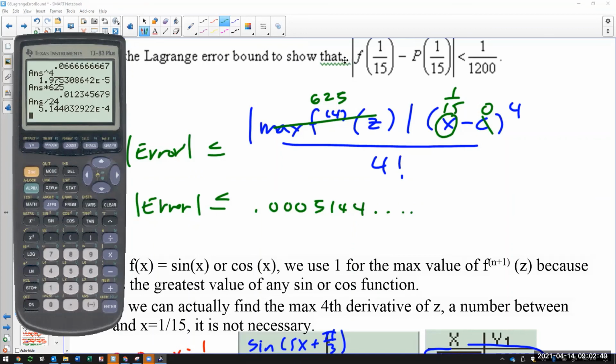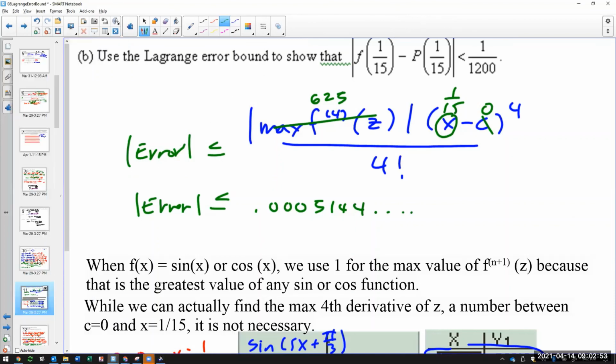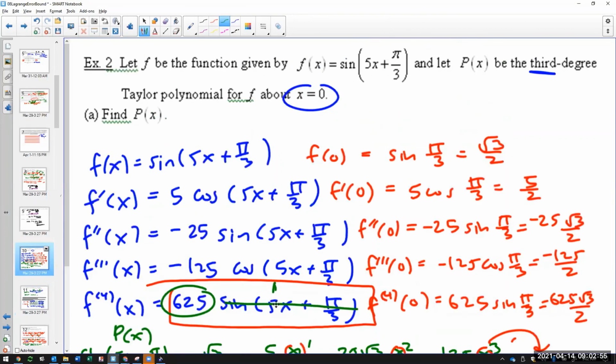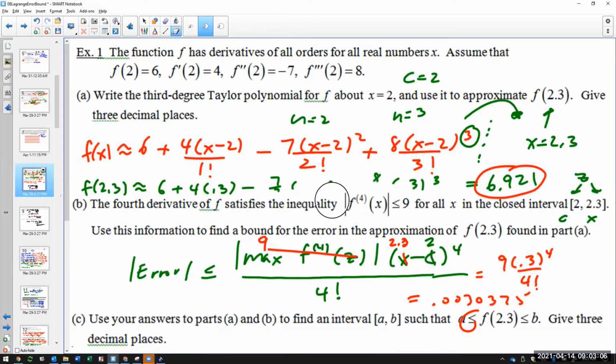Lagrange error bound. All right, so some of you guys are like, wait, I would never have known to put a 1 in here. Well, guys, there's only 3 things they do. They do it over and over and over. The first one is they tell you what your max is, just like this problem here. They said, hey, this is your max, just use the number.